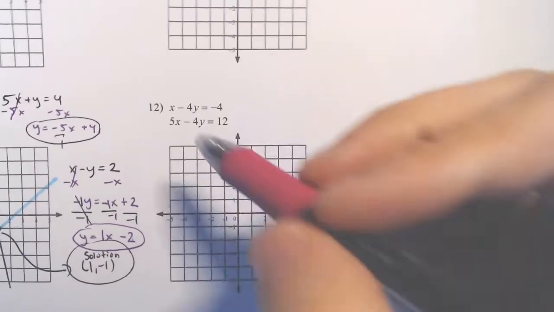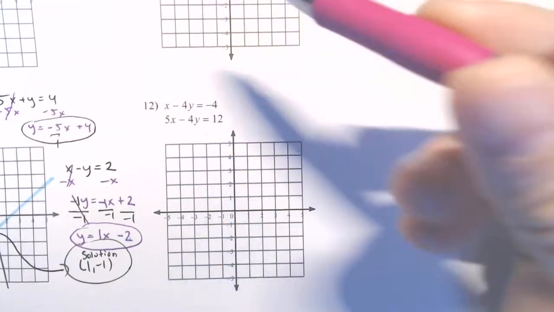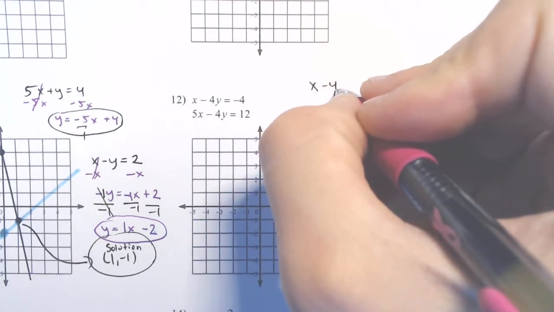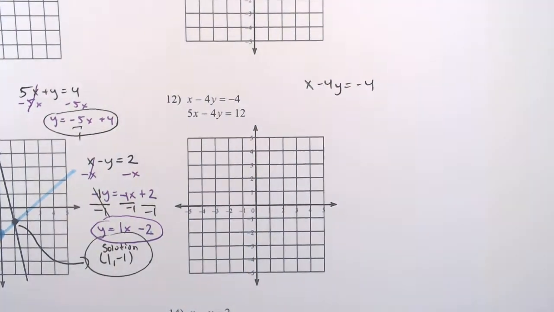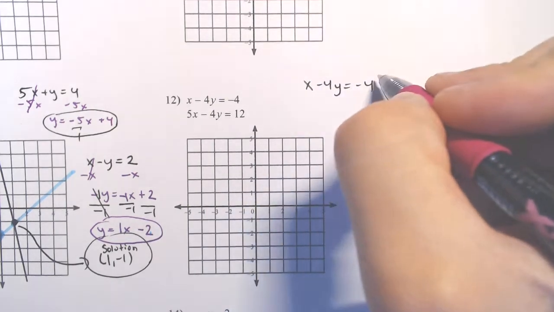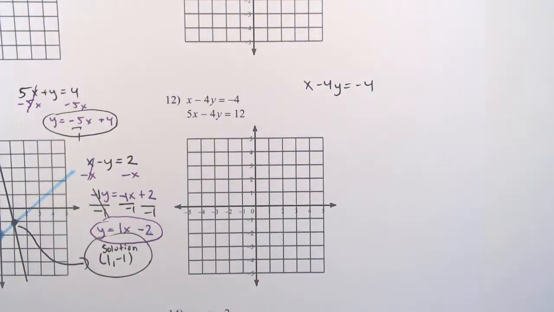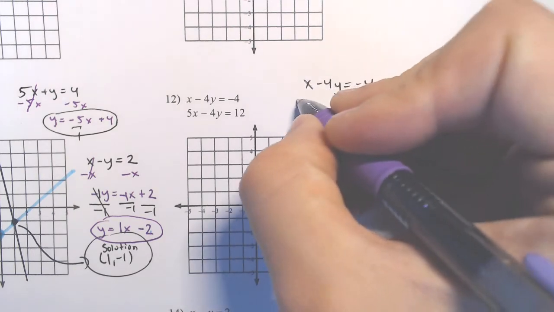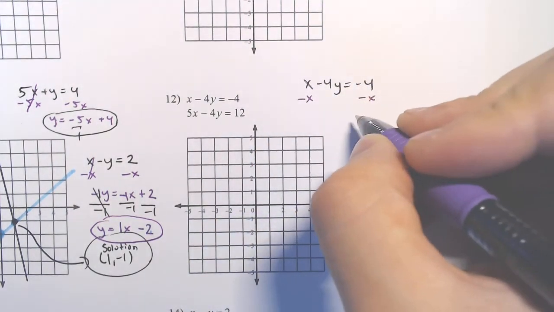We got x minus 4y equals negative 4. If I take the x and the minus 4y equal negative 4, I'm just rewriting it. I need to move the x over. If it's positive, I have to subtract it. So I'm going to subtract the x from both sides.